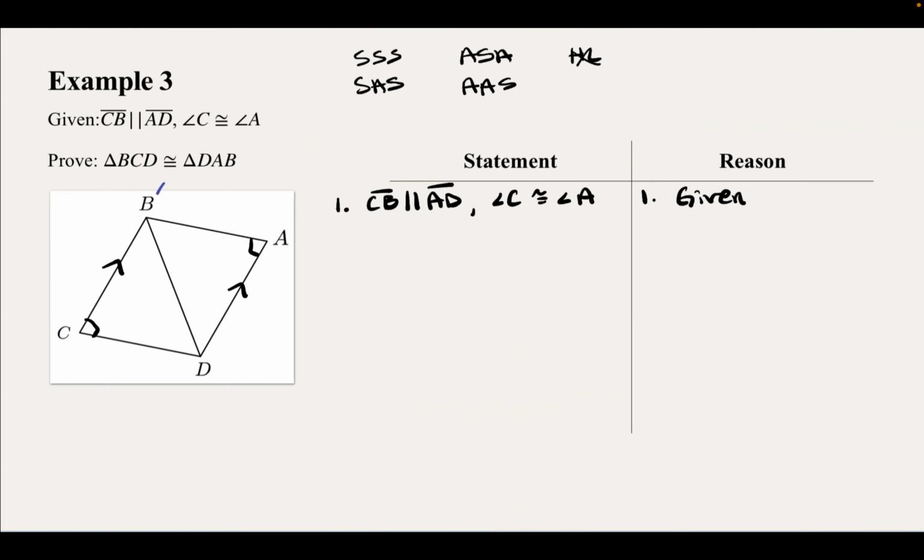If you want to extend these out to make it easier to see, go for it. And I'm also going to extend my transversal. If those two lines are parallel, I can make a few statements. I'm going to say that CBD is congruent to BDA, and I can clearly see that those are alternate interior angles.